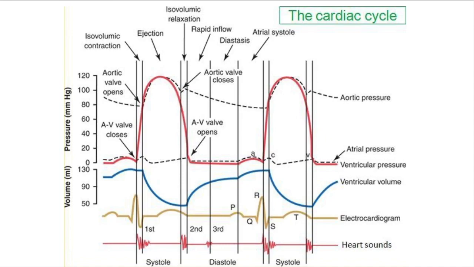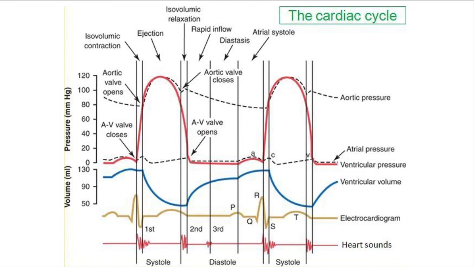And then there are curves which you can see. They are the changes in the ventricular volume, the electrocardiogram and the phonocardiogram. You see, phonocardiogram is a recording of the heart sounds.